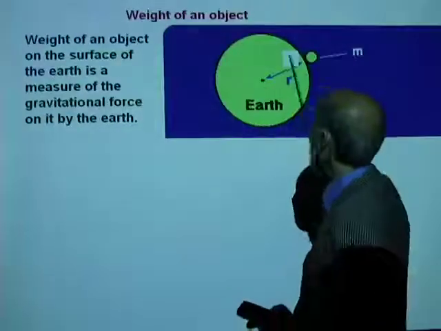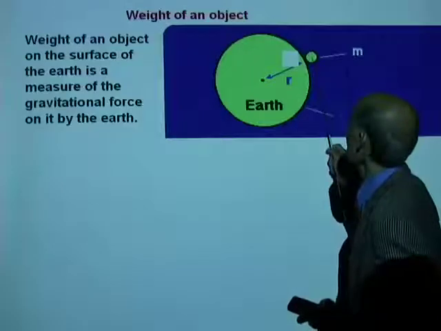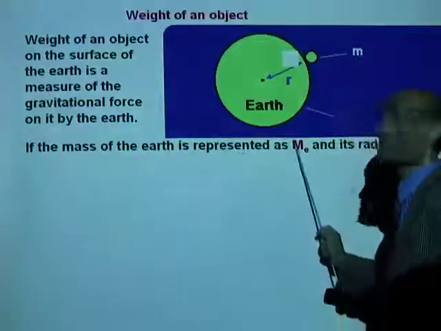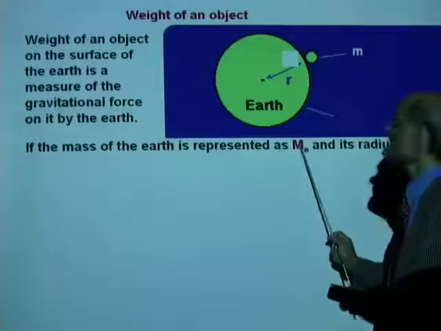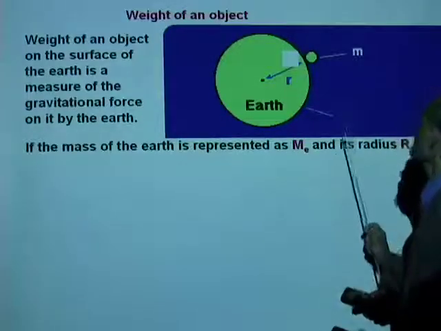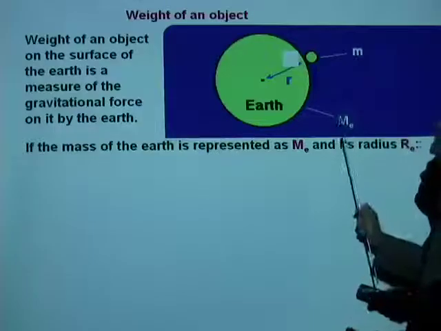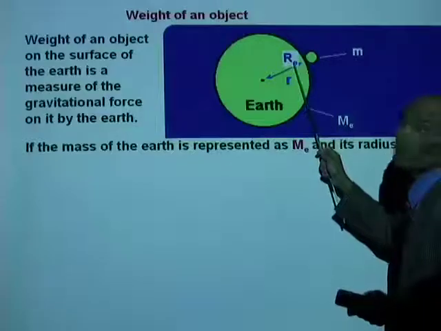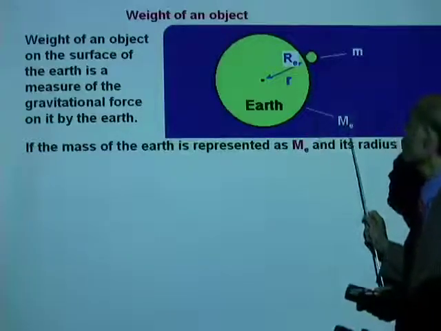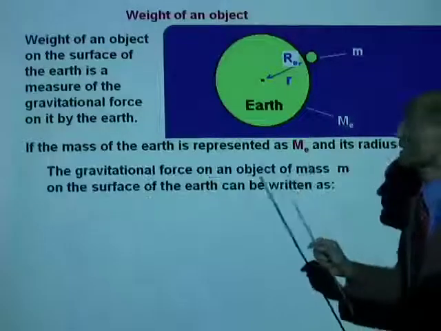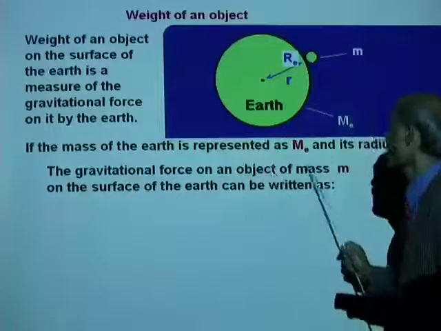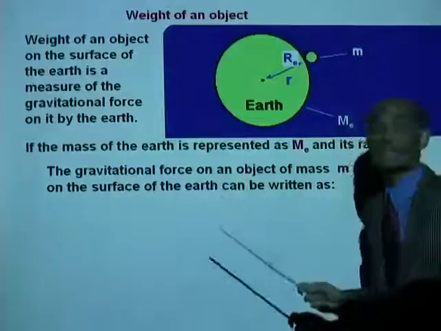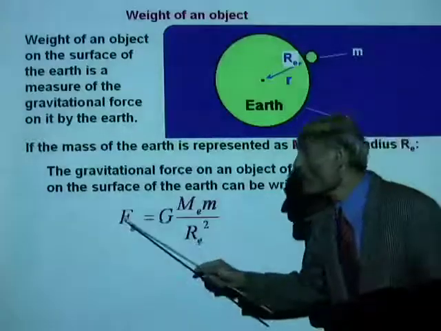Now, here I have the earth, and here is an object of mass m. If the mass of the earth is represented by m sub e, and its radius is r sub e, the gravitational force on an object of mass m on the surface of the Earth can be written as Fg.